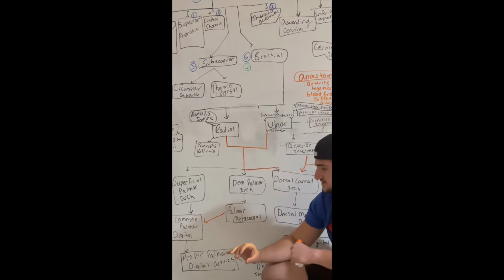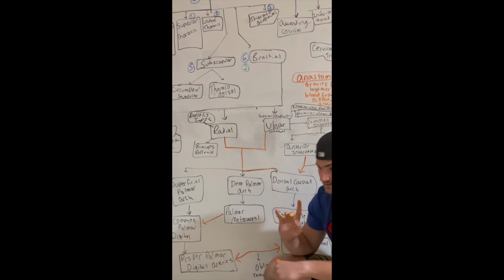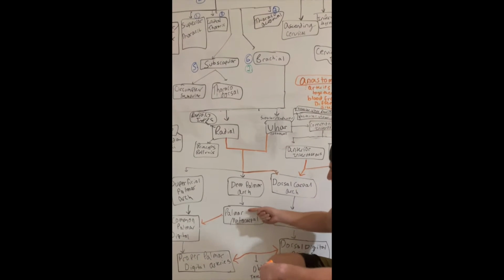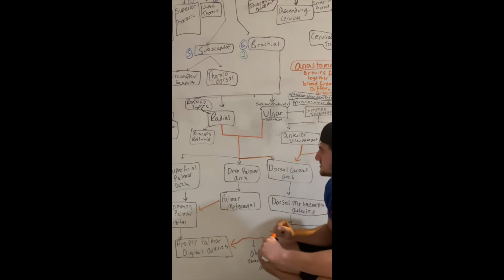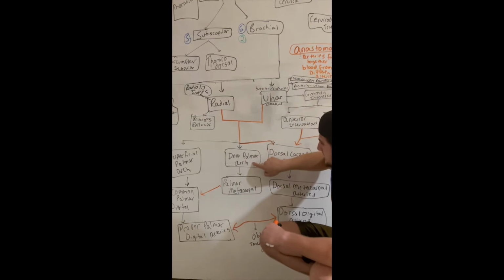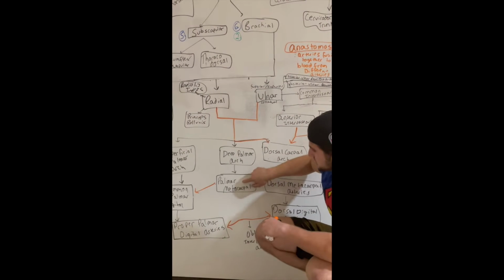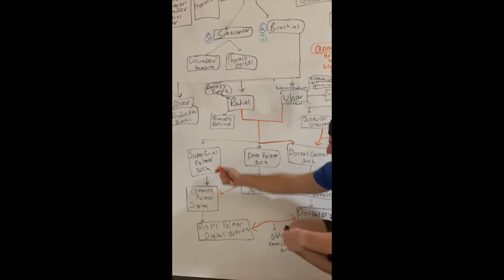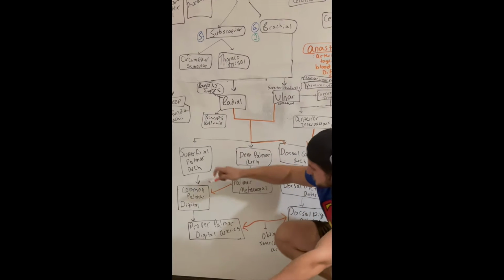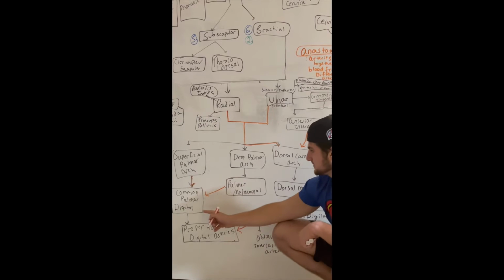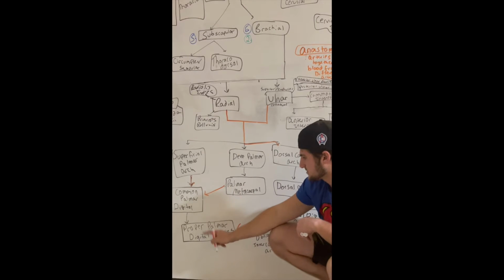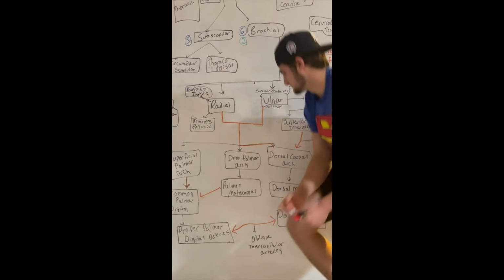But in order to make this, it needs an anastomosis from the palmar metacarpal. Palmar metacarpal is created from the deep palmar arch. So we go radial, ulnar, deep palmar, palmar metacarpal, and these anastomose with the superficial palmar arch to form the common palmar digital. Okay, the common palmar digital now makes the proper palmar digital arteries.